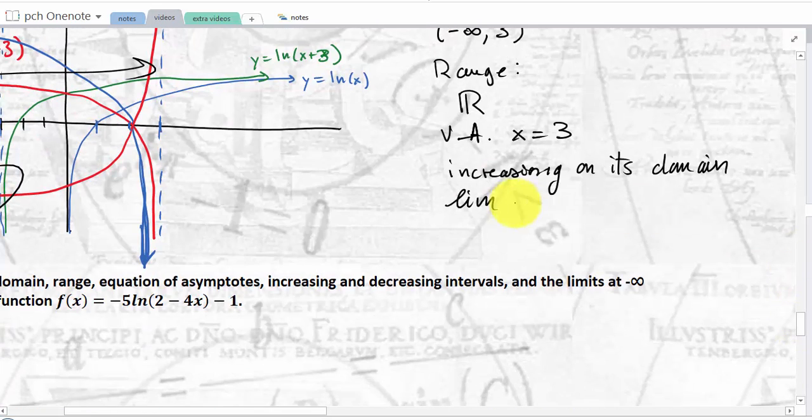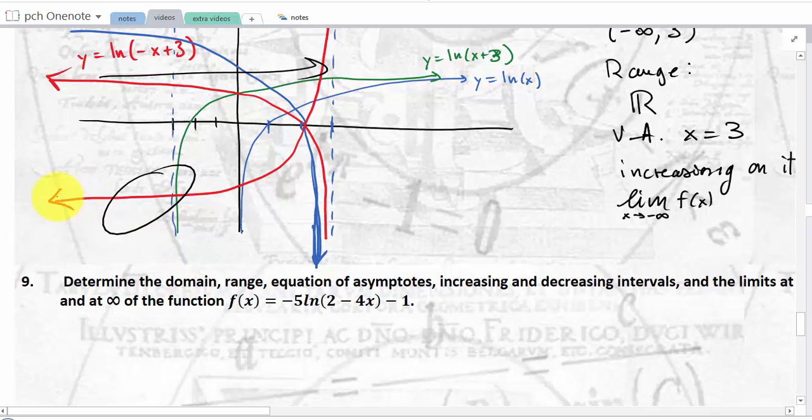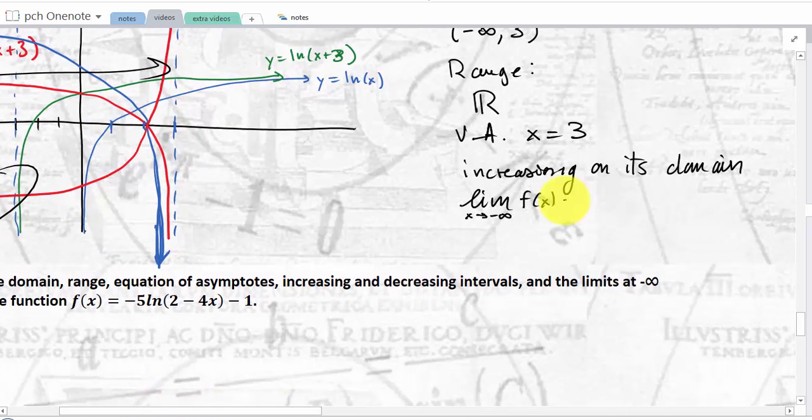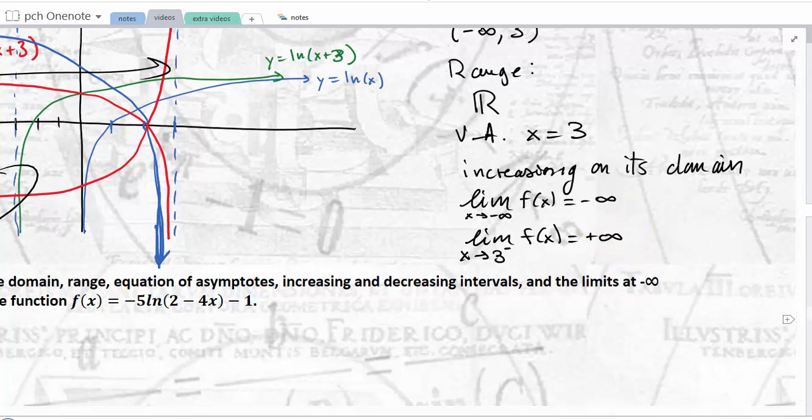The limit of f of x as x approaches negative infinity, well, it is, okay, it's going really super slowly, but it's going to go to negative infinity, okay? It's going to take billions of light years, but it's going to get there. And it's going to go further down. The limit as x approaches, now be careful right here, it is 3 from the left, of f of x is positive infinity, okay? There's a vertical asymptote.